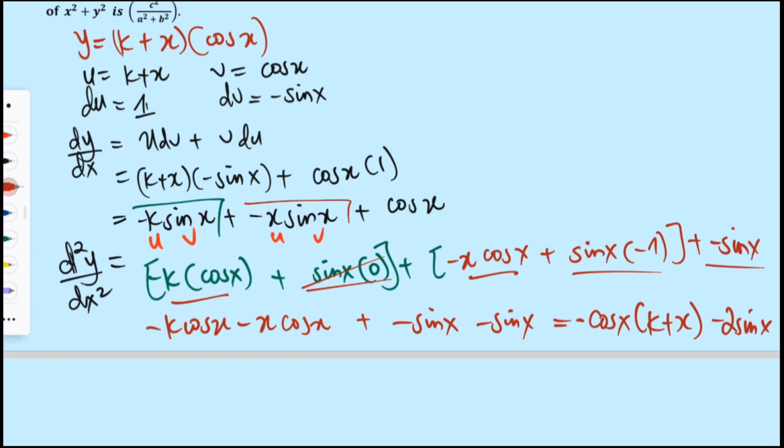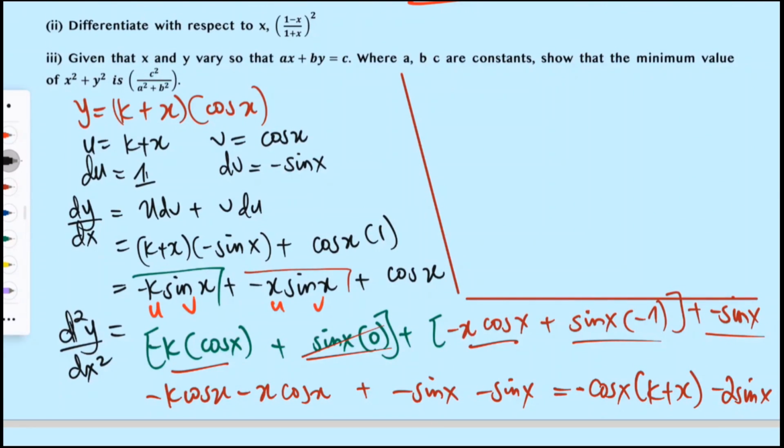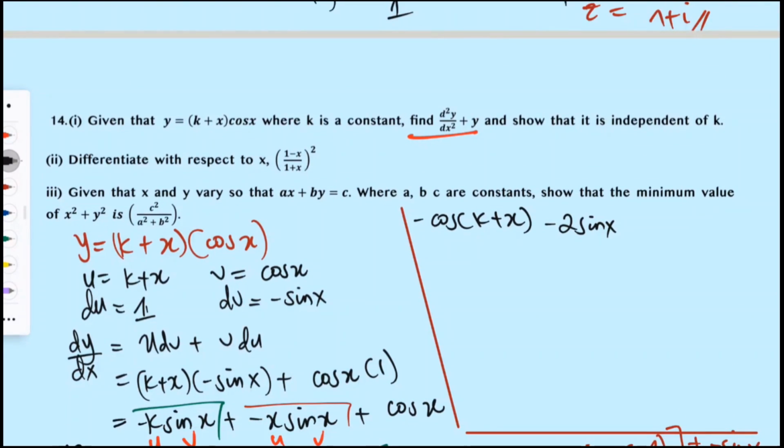Now what we want to do is add it on to y to show that it's independent of k. So in this case, we should have this value, negative cos x times k plus x, minus 2 sine x, plus the y value. y is actually the same as k plus x cos x.